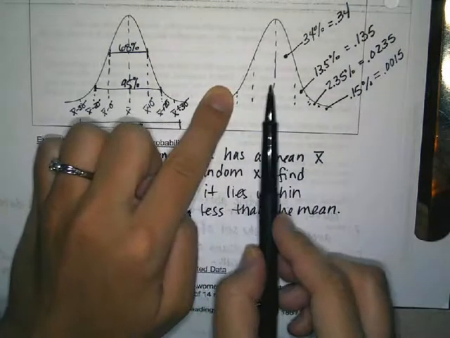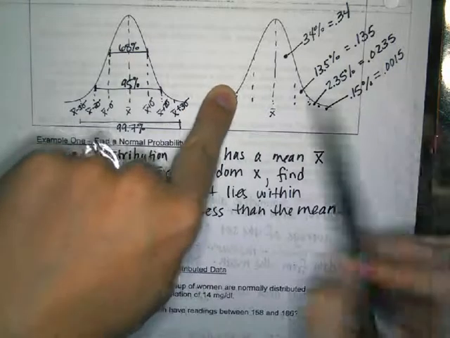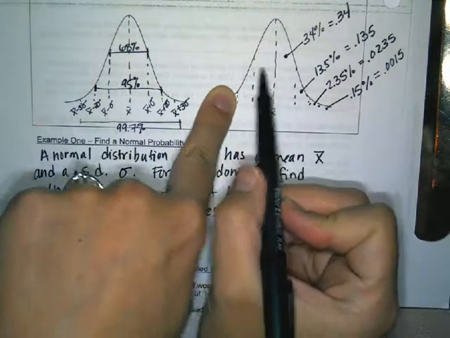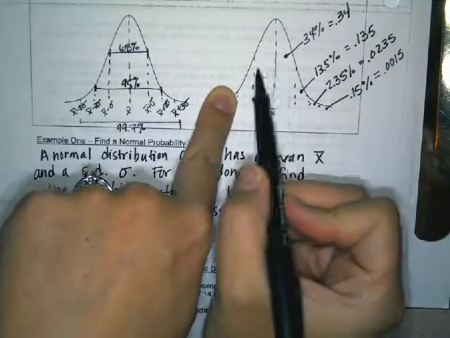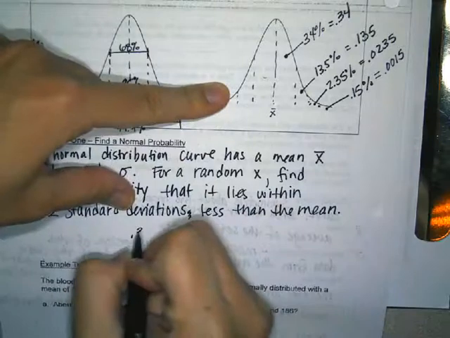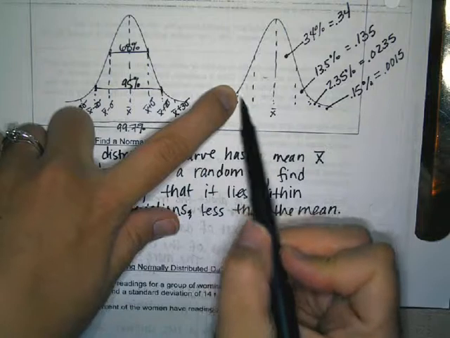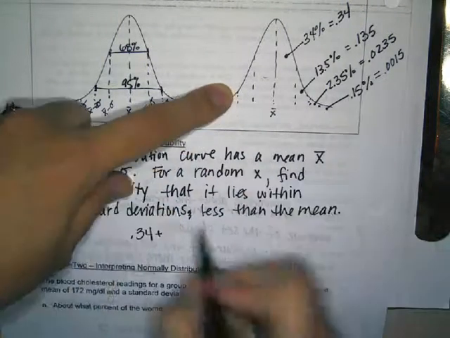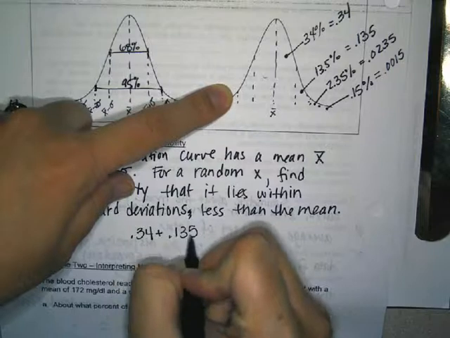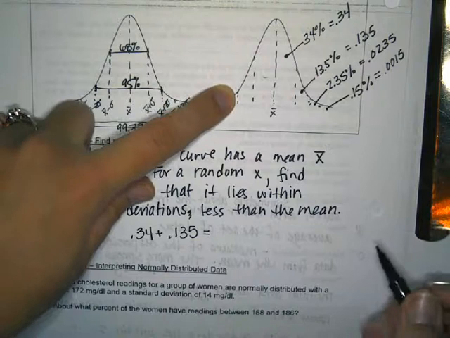To find the probability, these are the percentages that give you that probability, so you would take the probability in this section, which will be the same as this one, so 0.34, and add the percentage of area I have in this section, which is the same as this one, so 0.135, and 0.34 plus 0.135 gives me 0.475.